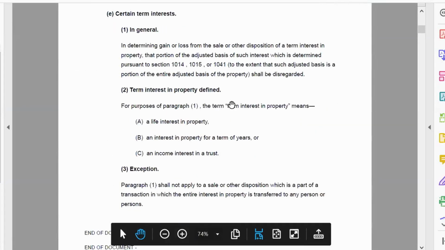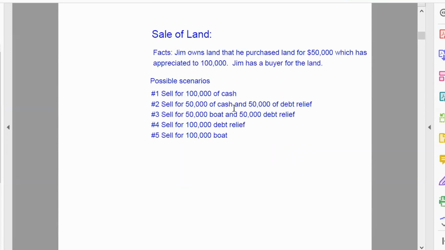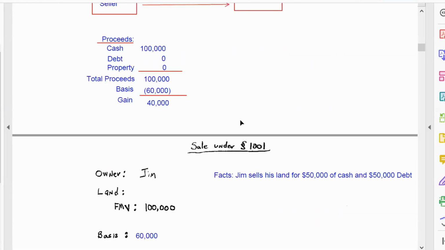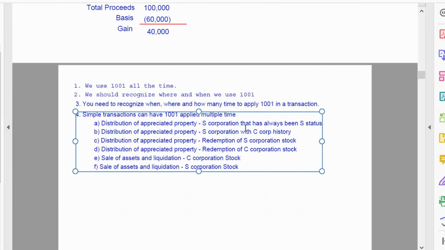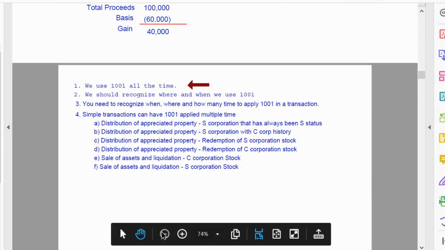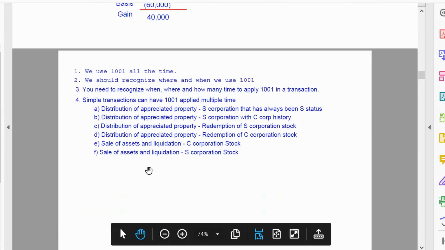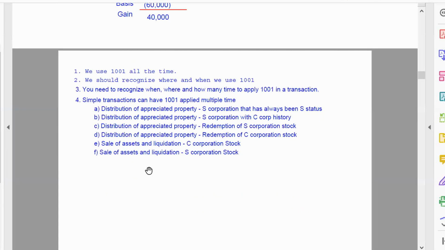So 1001 says compare proceeds versus basis. We went through these examples to show all the things that could happen. We use 1001 all the time, and we should recognize where and when we use it. Simple transactions can have 1001 applied multiple times.